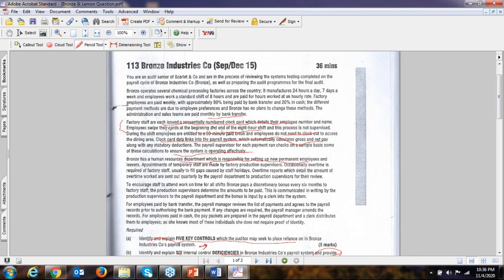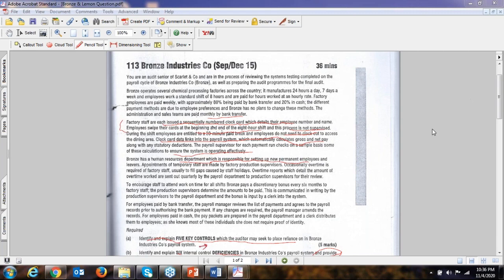So if any employee swipes their card at the beginning and end of the 8-hour shift, but this process is not supervised, why is it a deficiency? If I am adding this statement, this process is not supervised, what is the deficiency in the system?